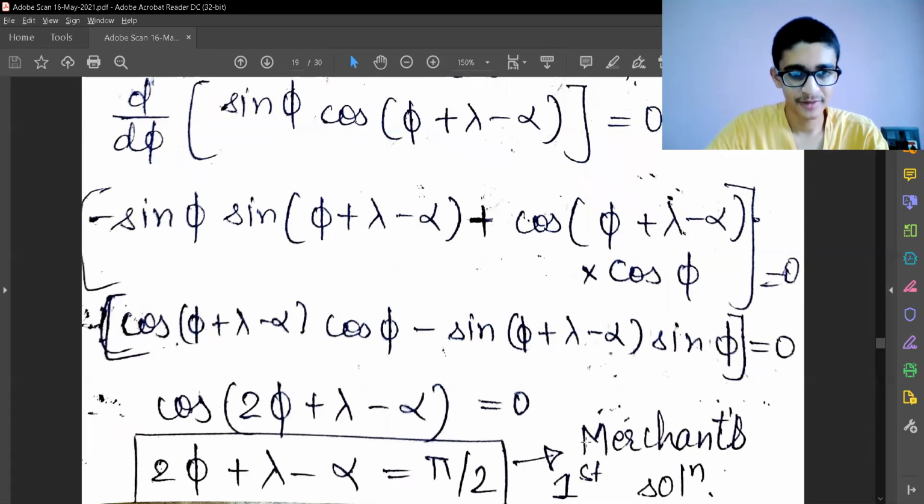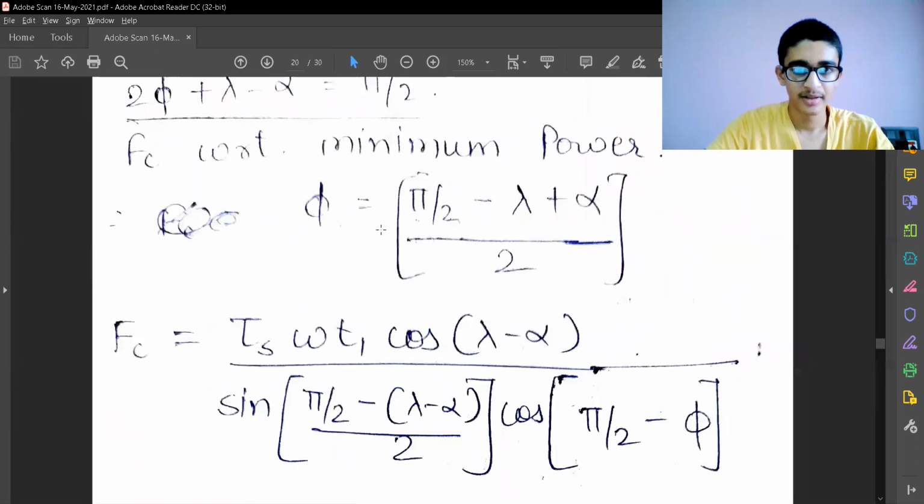This is the Merchant's first solution, and the circle which we made for the forces earlier was the Merchant circle. So you must remember this terminology: Merchant's first solution, Merchant's triangle and Merchant circle.